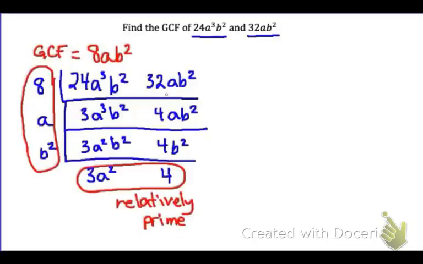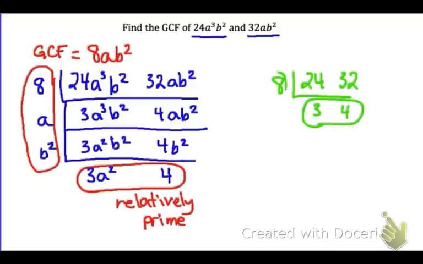The second technique is similar, except instead what we do is we focus on just the numbers first, 24 and 32. So once again, I'll just pull out that 8 really quickly since I know that already works. 3 and 4, relatively prime at the bottom, and GCF on the side. So I know that my GCF is equal to 8.